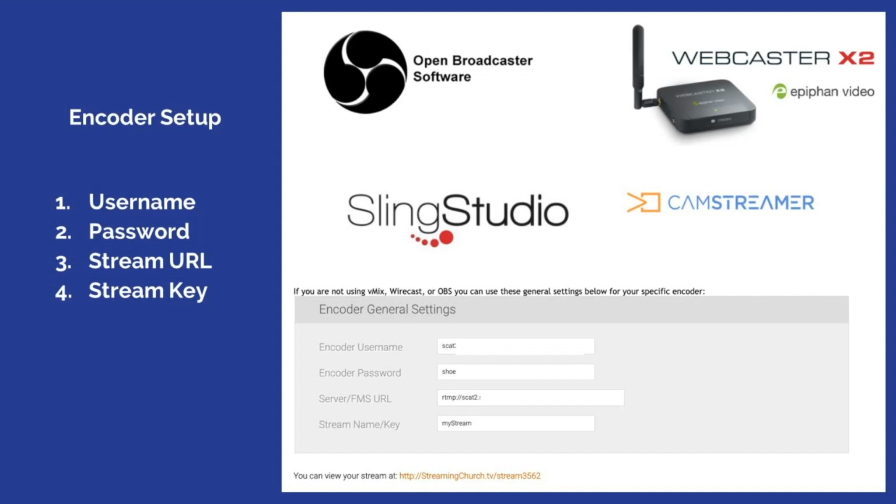Michael, I don't want to dominate this too much, but what we just said is here, the username and things you put in encoder. Just to let people know what's up above there, if you see Sling Studio, Ham Streamer, Webcaster X2, Open Broadcaster, those are just a few of the live encoders. There's actually more that if you happen to have like an Open Broadcaster, you can click on that image and there is a help video as well as step-by-step screenshots that will show you how to load your credentials.